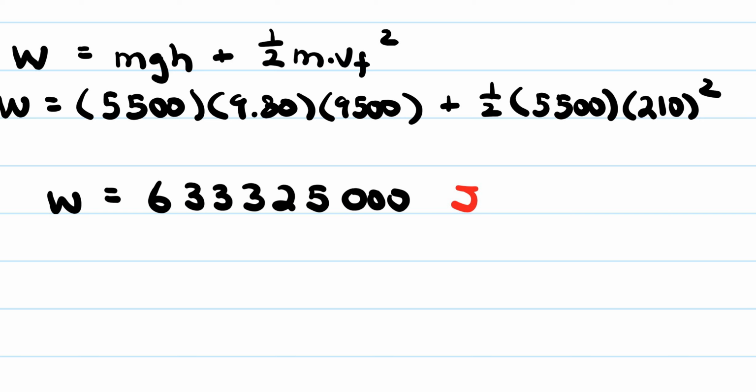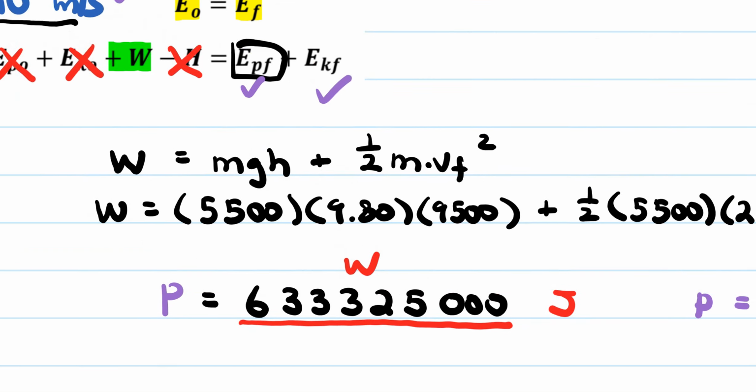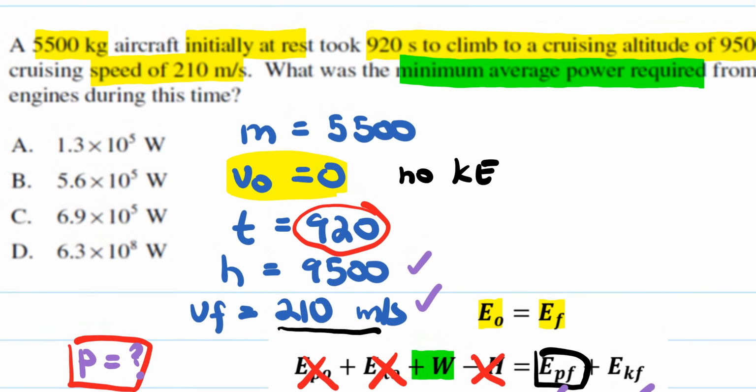And this question is asking for power, and we know power is equal to work divided by time. So if I change this W to a power, and we know this is your work, we can now divide this by your time, and the time for this problem was 920 seconds, right?